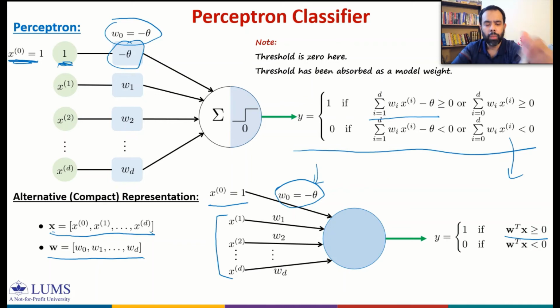We assume that we know the weights w that are characterizing my perceptron, and if we have these weights, how can we use this perceptron model or perceptron classifier to carry out classification?